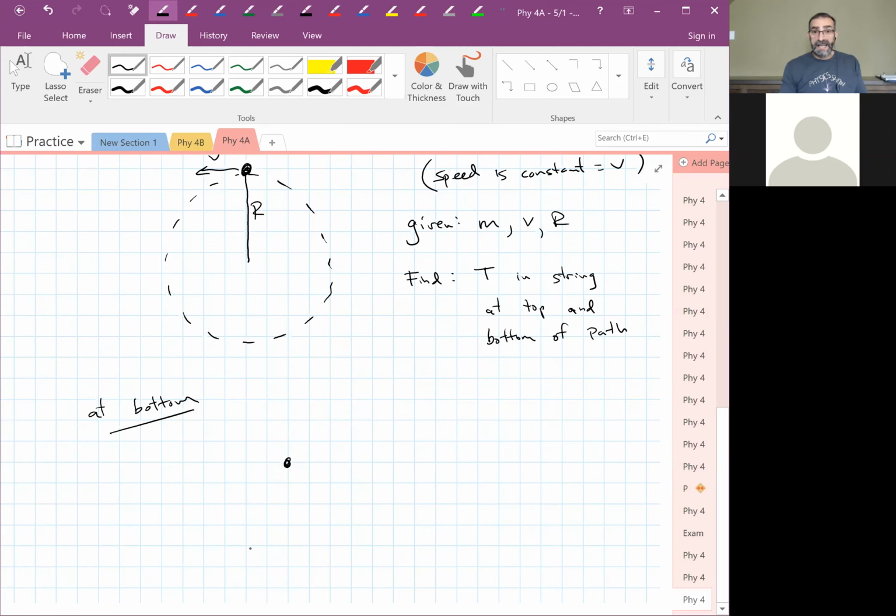Only one thing touching our object, the string. What can reach in from a distance? Gravity. And so there's our free body diagram. Now what do we do? We say Newton's law, right? Sum of the forces equals ma.